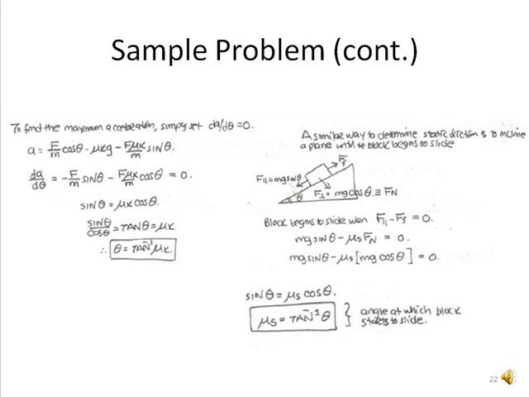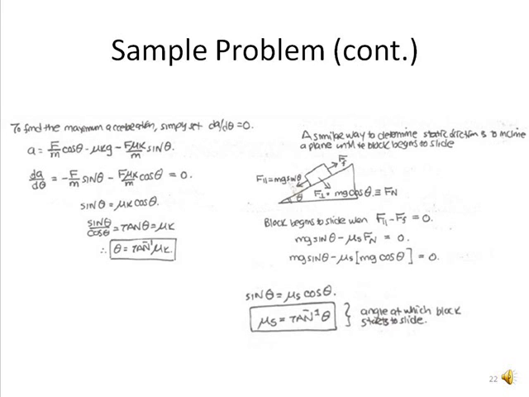Substituting these expressions together, we have the net force in the tangential direction, as in the other ramp problem. This is equal to mg sine theta, the component of the force of gravity tangential to the ramp, minus mu s times mg cosine theta, where mg cosine theta is the normal force.